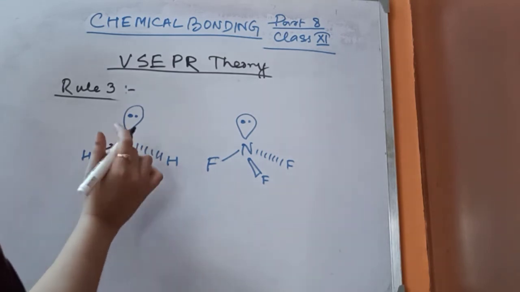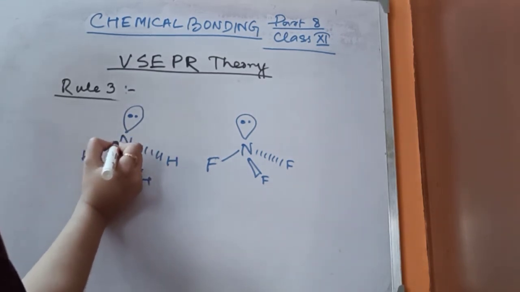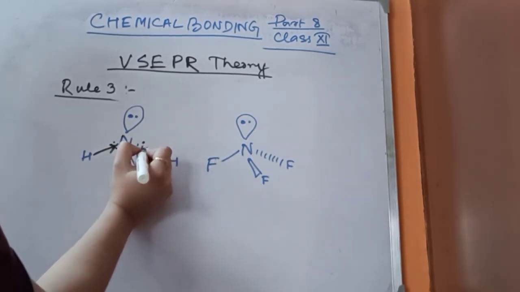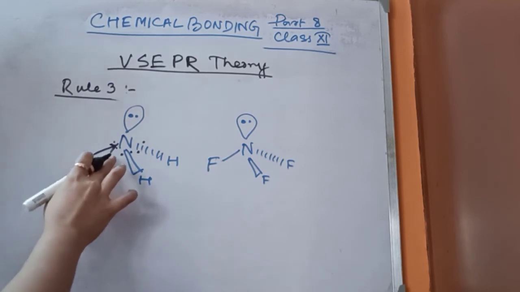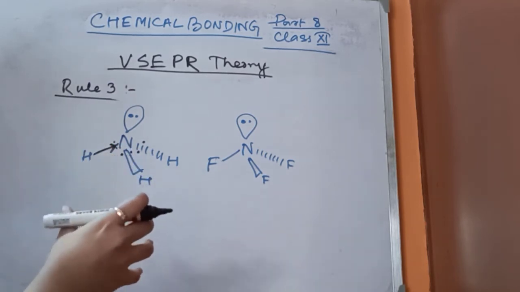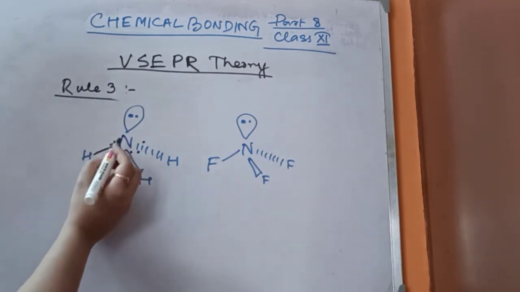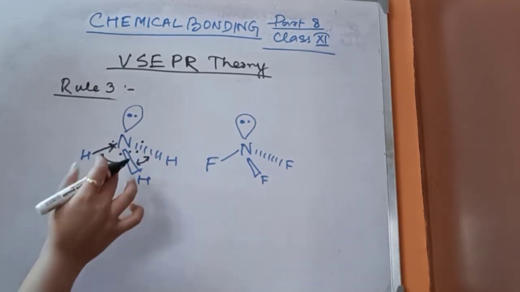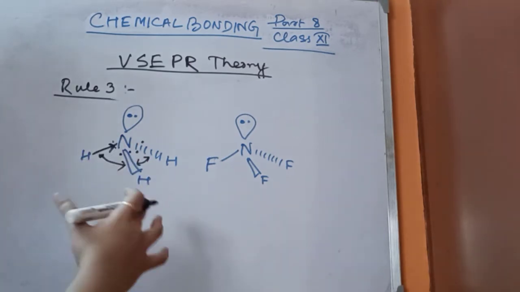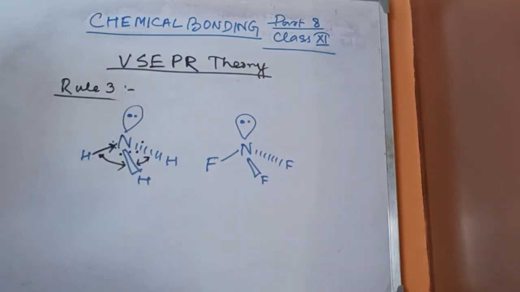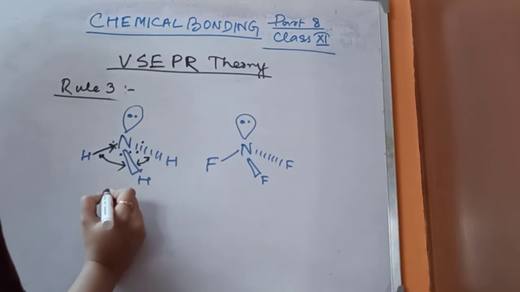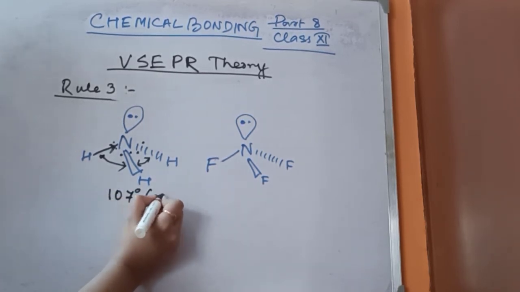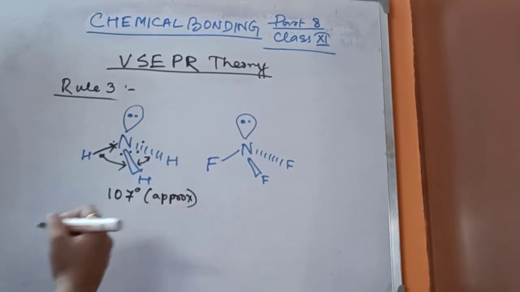Means for all these bonds, the electrons are in this position, near to the nitrogen. So the repulsion between the bond pairs will increase in case of ammonia. So ammonia has 107 degree approx. I am not writing the exact values, okay.